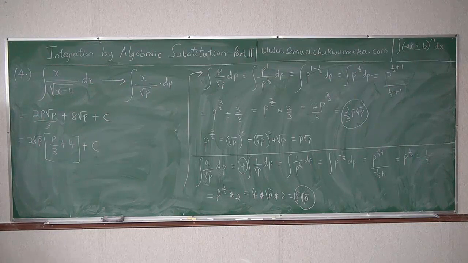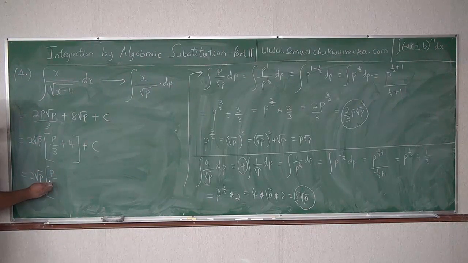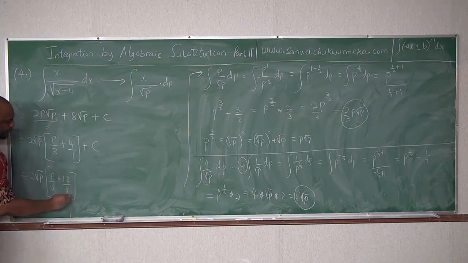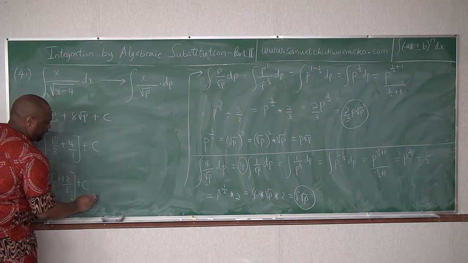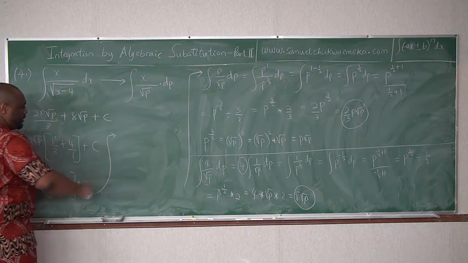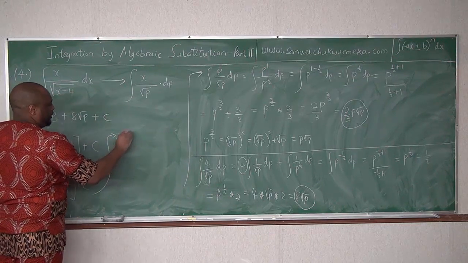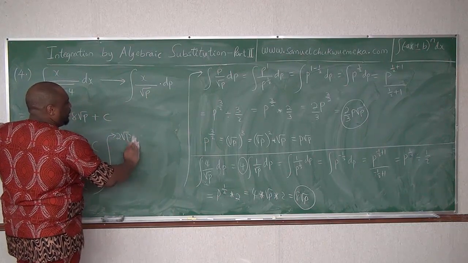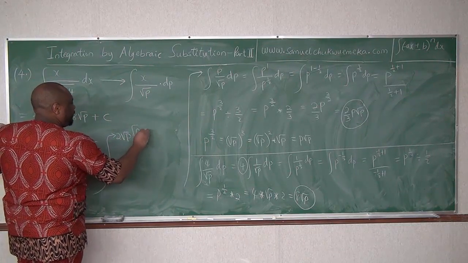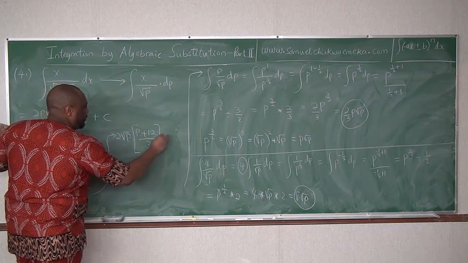So this will give us 2 root p, and let's still use brackets, p plus 12 over 3, plus c.